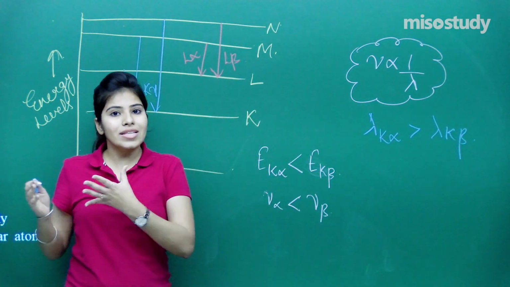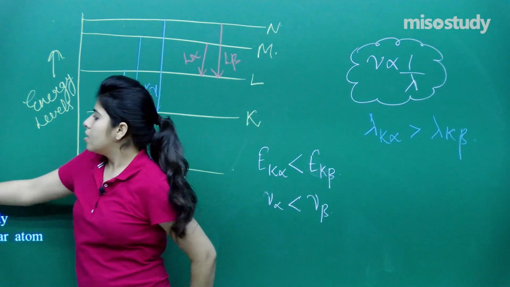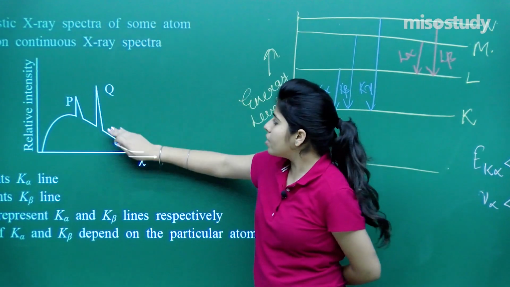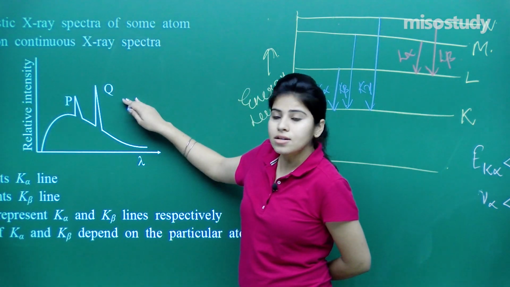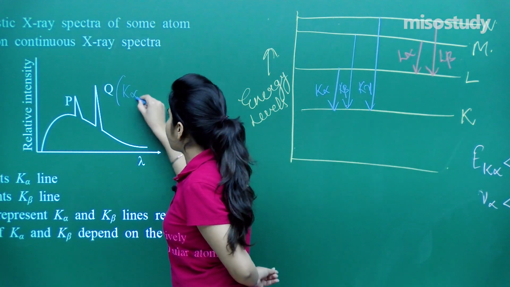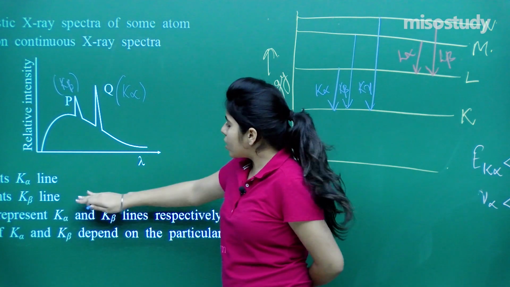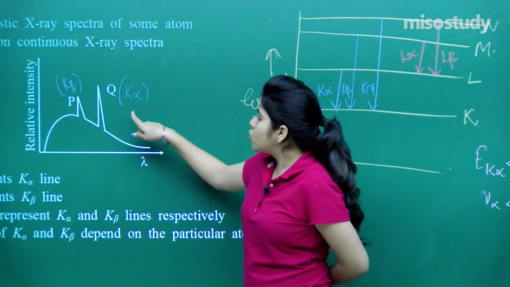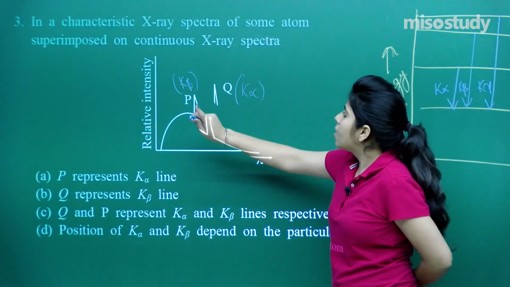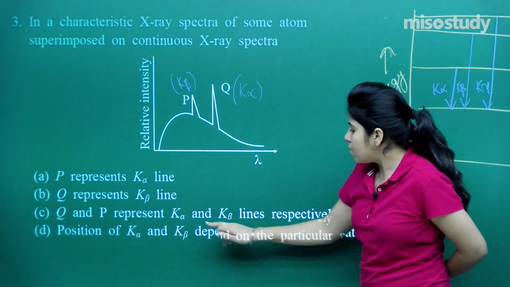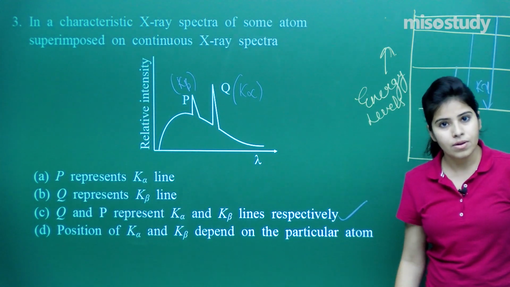So which wavelength is greater here? Q's wavelength is greater. That means Q should be K alpha and P should be K beta. So in the options, I can see Q is representing K alpha and P is representing K beta, and I think this should be the correct answer.